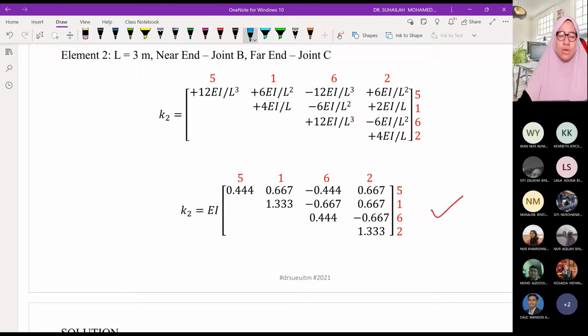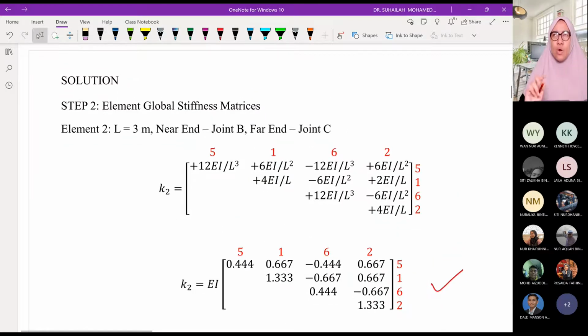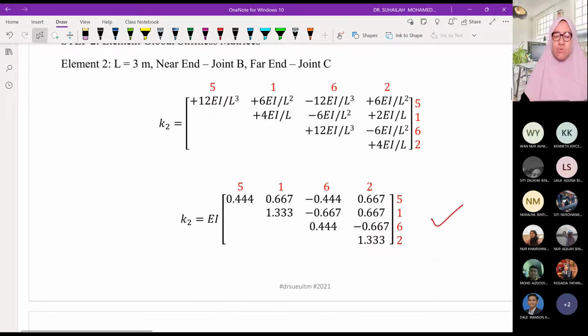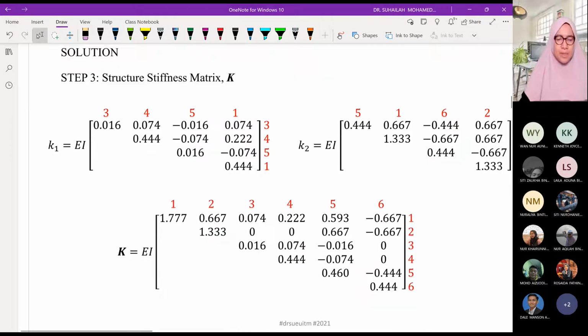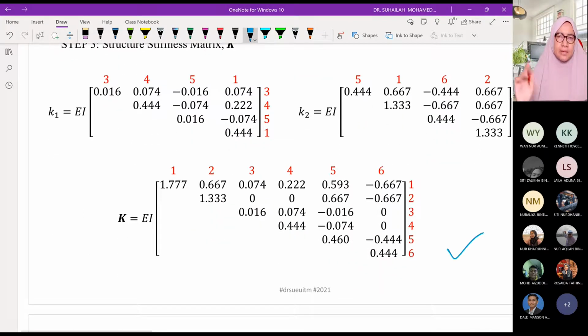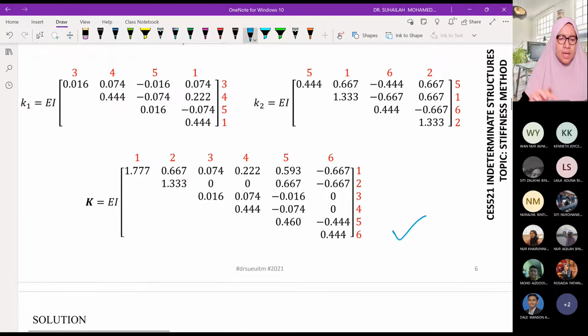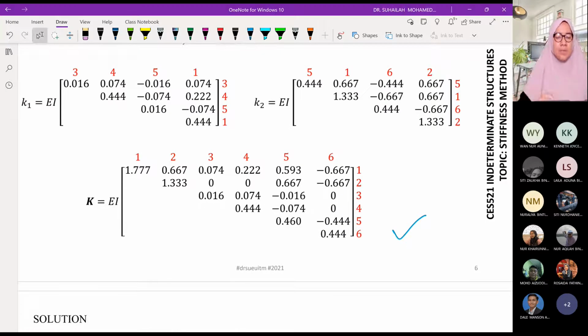Since this beam has only 2 elements, we combine K1 plus K2, so we will get this. K will be 6 by 6, because it depends on the total degrees of freedom for the beam, based on how many nodes.